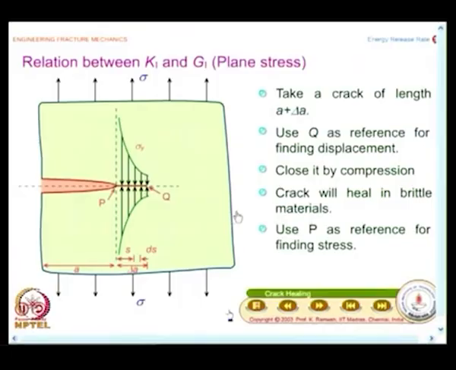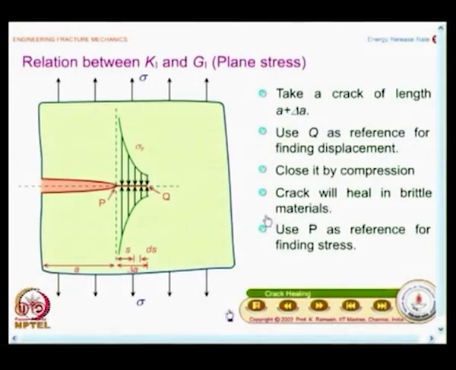We justified that in the case of brittle materials, healing has been observed. So, we are really talking about reversible processes. Whatever the energy required to close the small extension of the crack would be the energy released when the crack extends by a small amount.